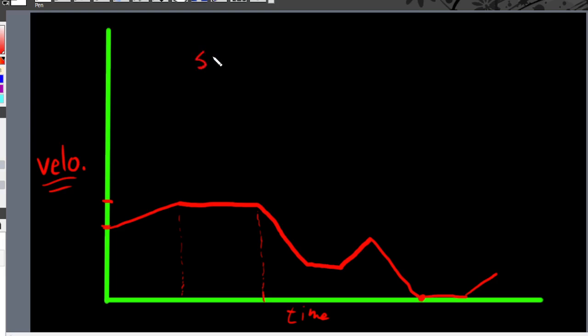Let's talk real quickly, though, about what the slope of a velocity time graph would be. The slope of a velocity time graph is again equal to delta y over delta x. What's on the y-axis this time, though? Velocity.